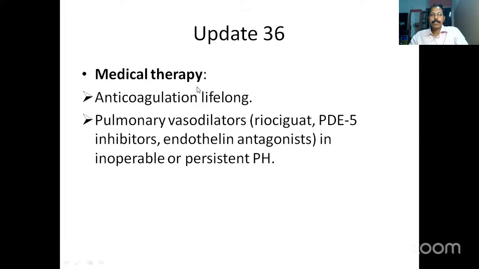And coming to the medical therapy, the patient needs lifelong anticoagulation, and there are pulmonary vasodilators like riociguat and phosphodiesterase 5 inhibitors like sildenafil, and we have to prescribe endothelin antagonists like bosentan in inoperable or persistent pulmonary artery hypertension.